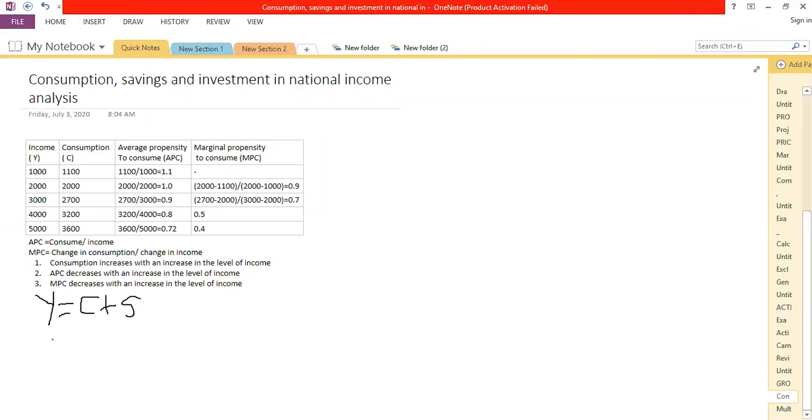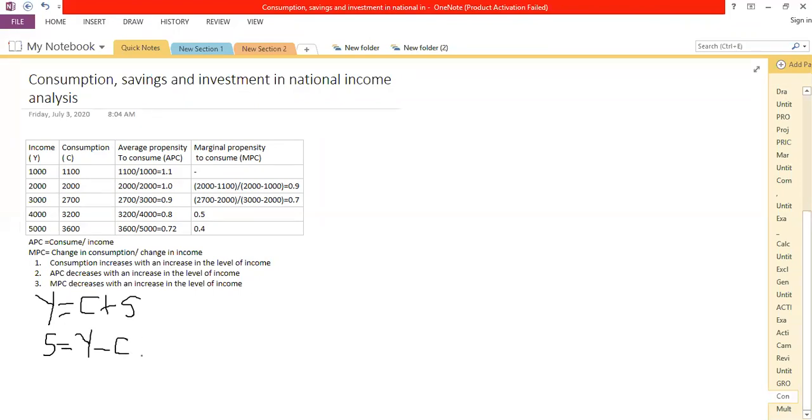So if asked how to determine the savings, how do you do this? Our savings are given by the balance after you have consumed. So income minus the consumption gives us our savings level.